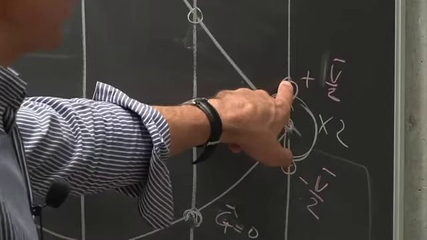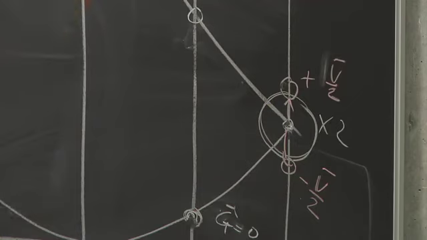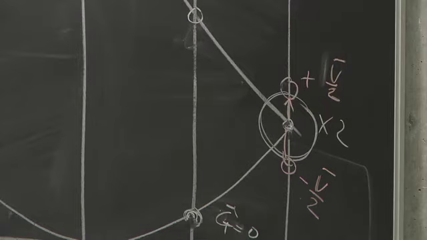One state goes up, plus v bar over 2. The other state goes down, minus v bar over 2. So I split the degeneracy due to the perturbation. And whatever the perturbation is, even the smallest possible value splits the degeneracy, because we are within a degenerate manifold.